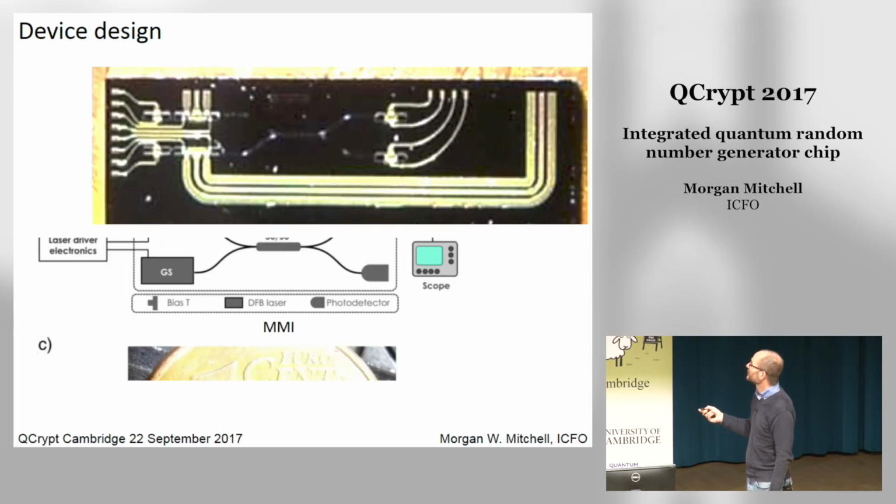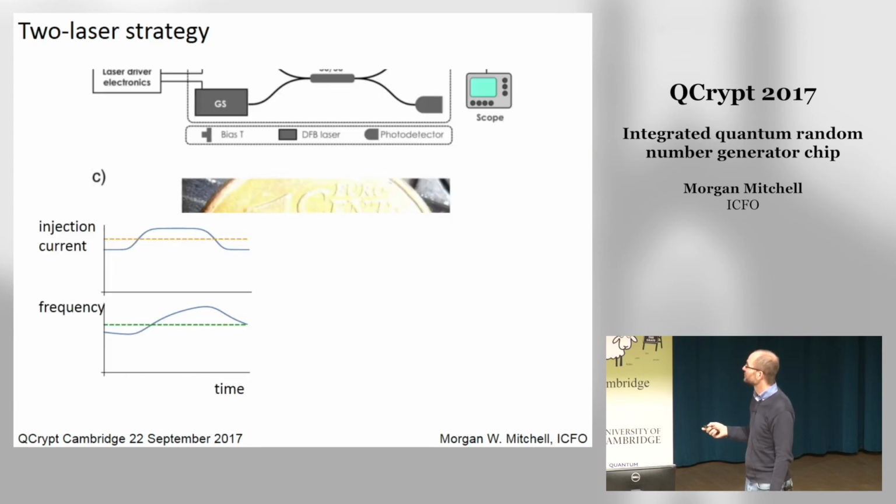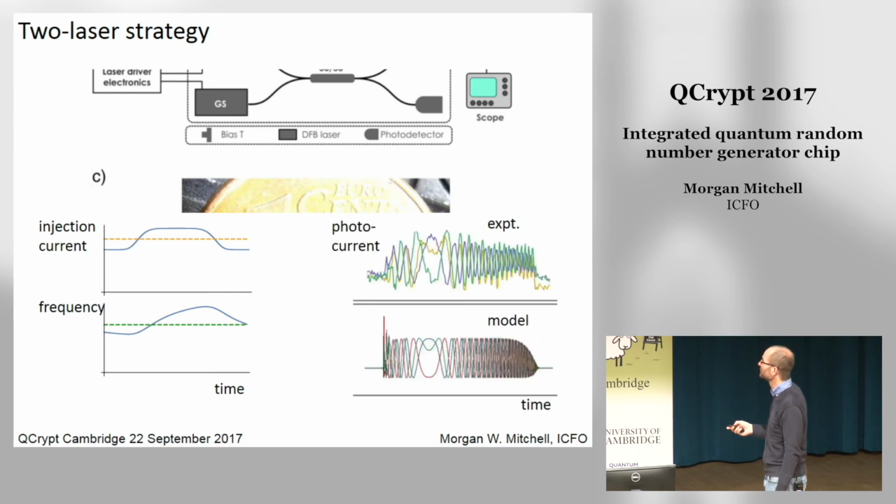This laser is running continuously. This laser is gain switched, which is to say that it is pulsed so that it experiences the strong phase diffusion effects that happen below threshold. They are tuned so that they're similar in frequency, and then they interfere. You can see this, I hope: when there's a pulse of injection current, then due to temperature effects, the frequency of the pulsed laser is going to sweep.